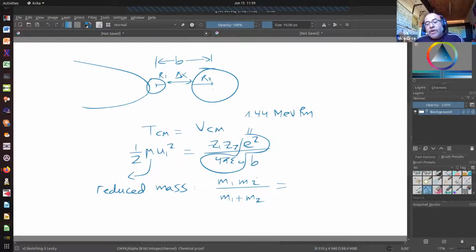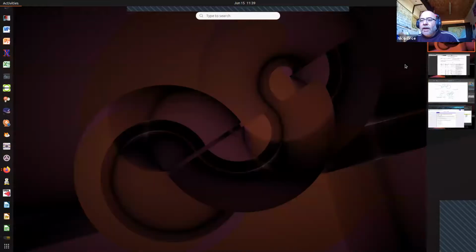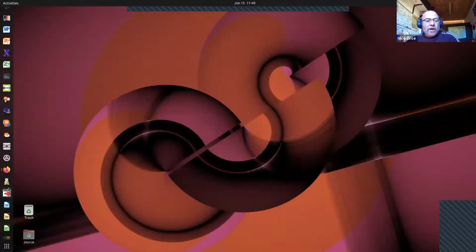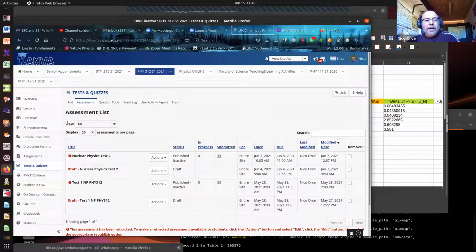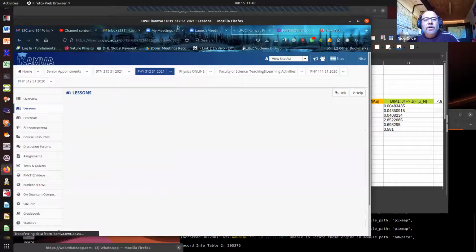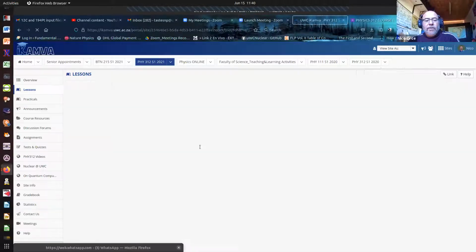Obviously, this is going to be given, you have M1 in MeV. You can take this in AMU, atomic mass units, basically from the tables of whatever nuclei you have. We can go here and open, I think it was in the lessons, in one of the first chapters on nuclear properties, you have all the masses here.